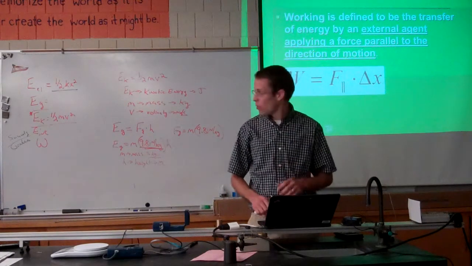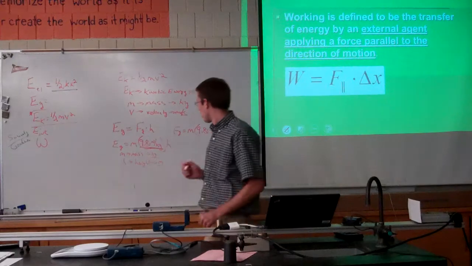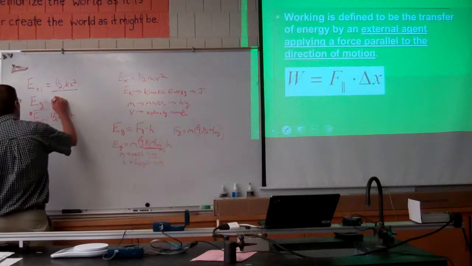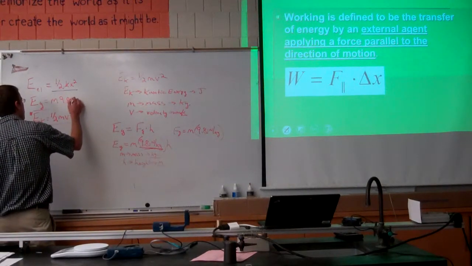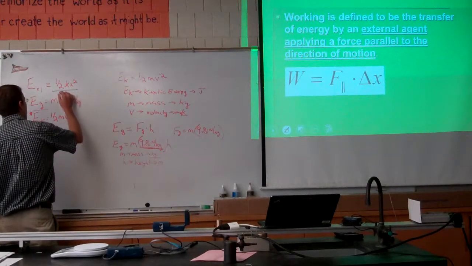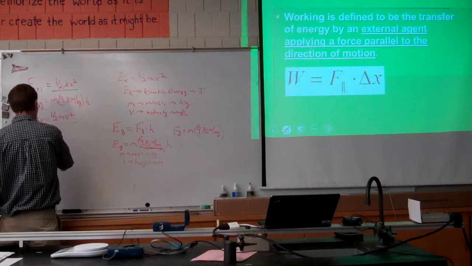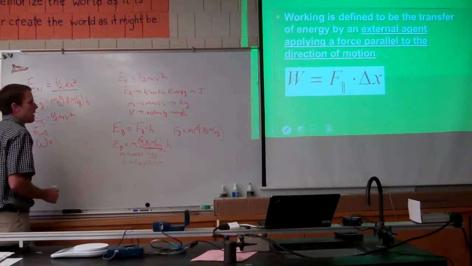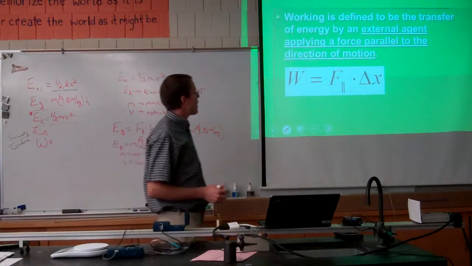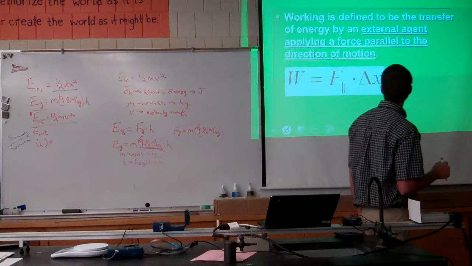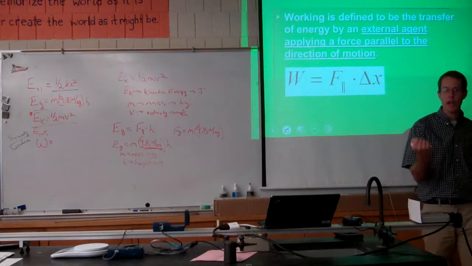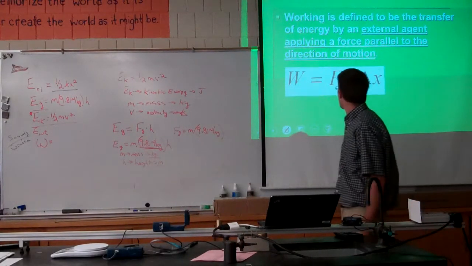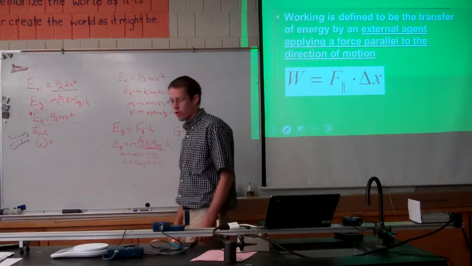Now our last equation we're going to derive is work. First, let me put that up there: m times 9.81 times our height. Work is defined as the transfer of energy by an external agent applying a force parallel to the direction of motion.